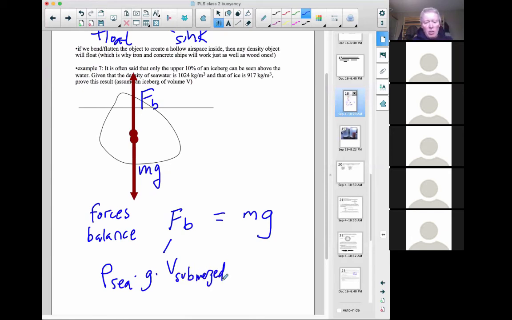Now, the iceberg is not totally submerged. How much of it is submerged? Well, that's what we're trying to show. So we're going to introduce a variable. Sorry, I just got ahead of myself there. We'll make an assignment. Let's let F be the fraction above.